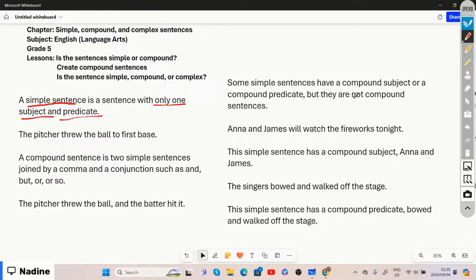If we look at an example of a simple sentence, it says the pitcher threw the ball to first base. If we look at the subject, then the subject is the pitcher.